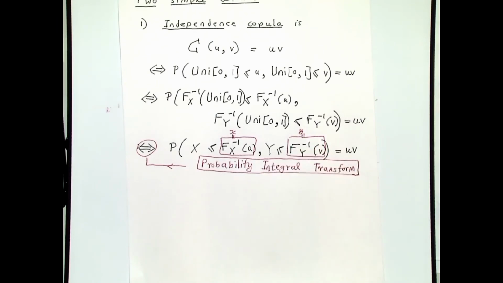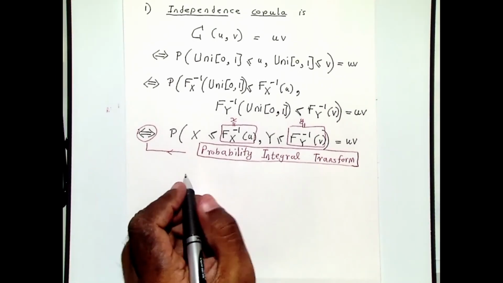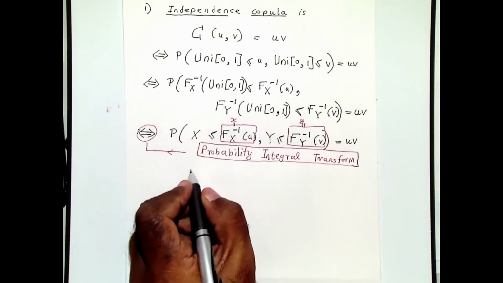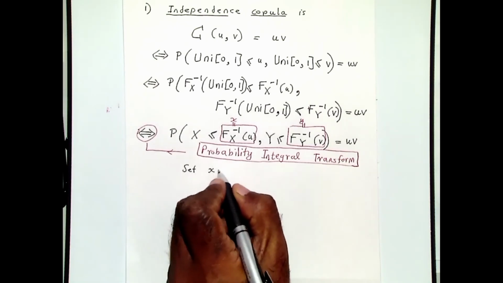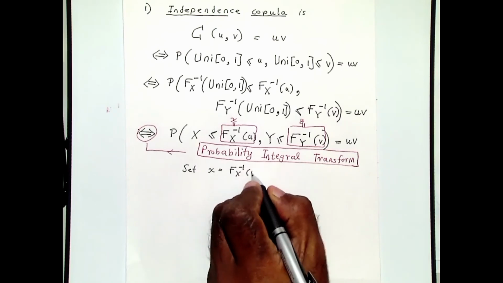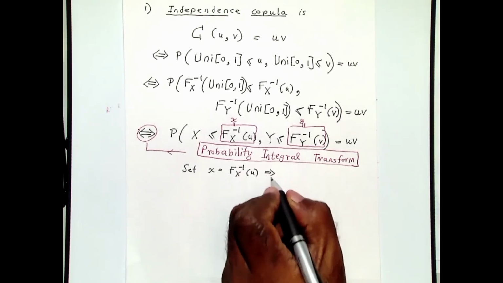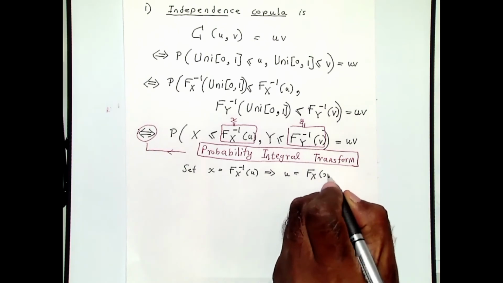In other words, setting x equal to this implies that little u is capital F_X of x.